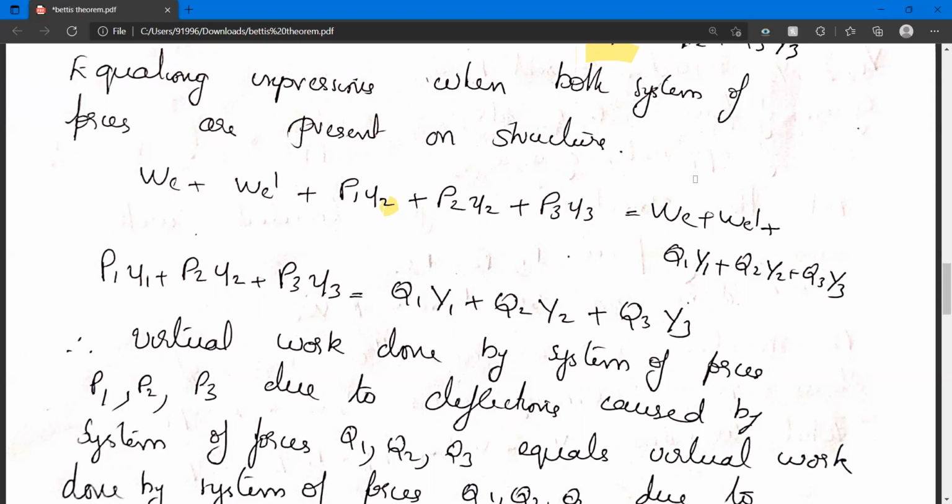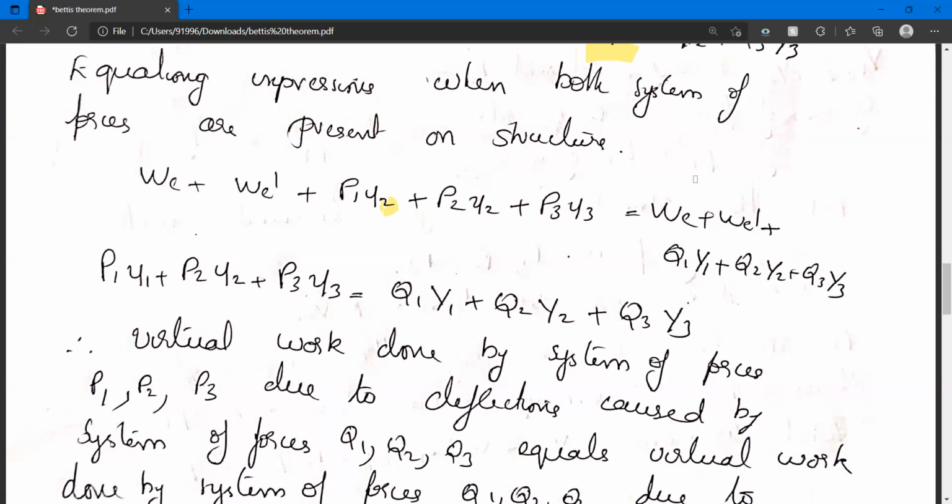So WE plus WE dash is the same on both sides of the equation. It cancels out. What you are getting at last is P1 small y1 plus P2 small y2 plus P3 small y3 equal to Q1 capital Y1 plus Q2 capital Y2 plus Q3 capital Y3.